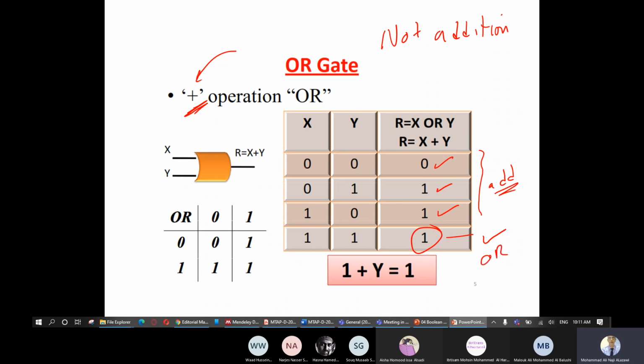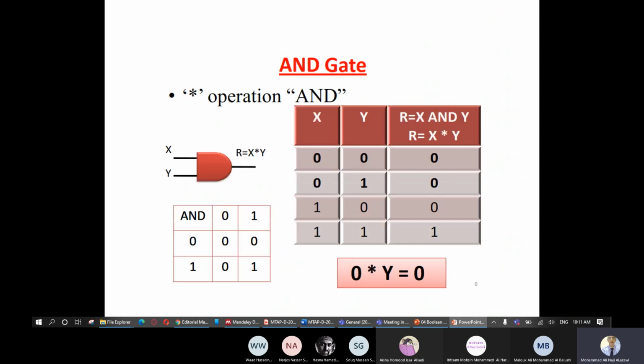In general, I can say for the OR gate, any true value will force the result to be true always. Only one case gives a false output: when both inputs are zeros.